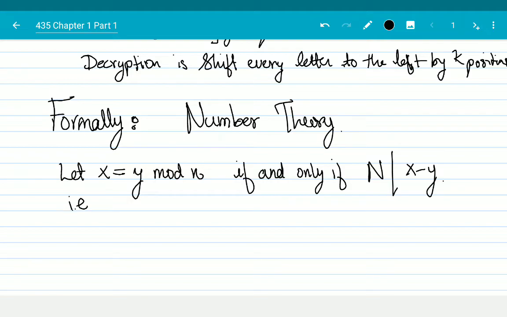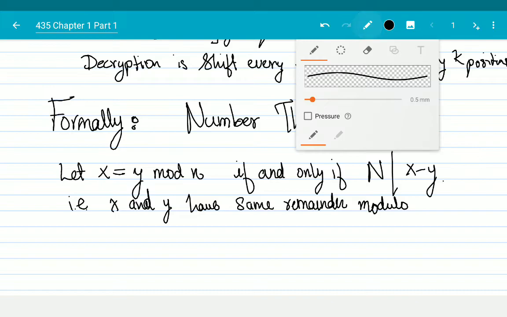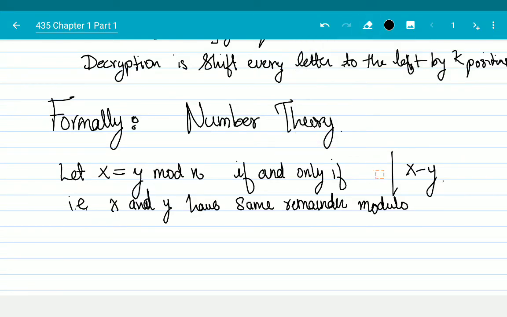That is, x and y have the same remainder when divided modulo n.